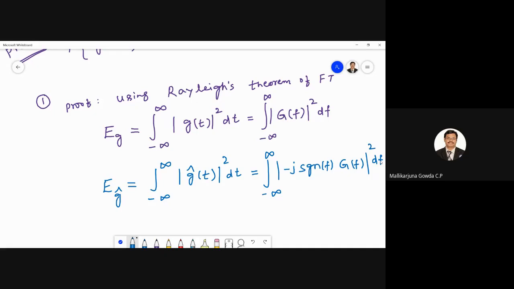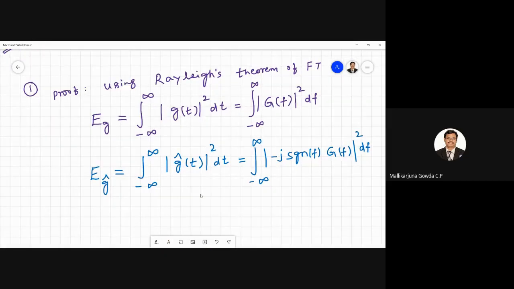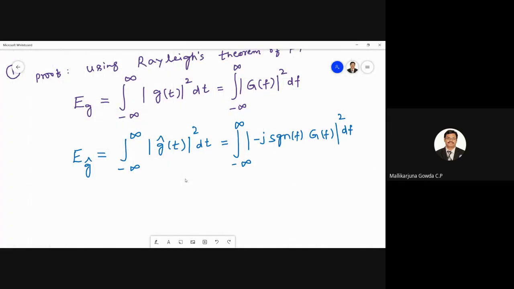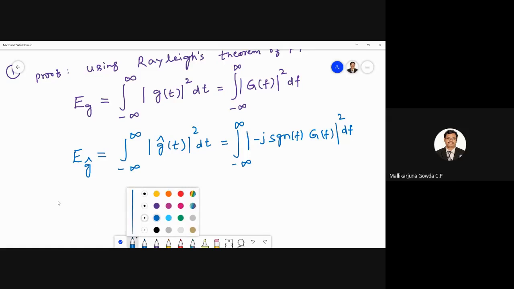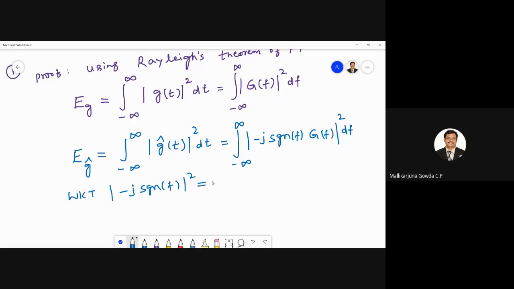And we all know that the mod of −j sgn(f), the square, will be equal to what? 1. Right?